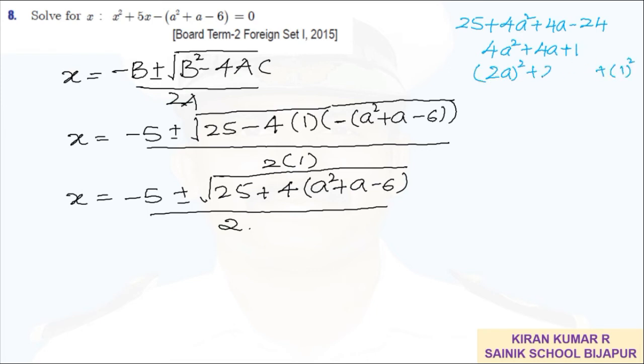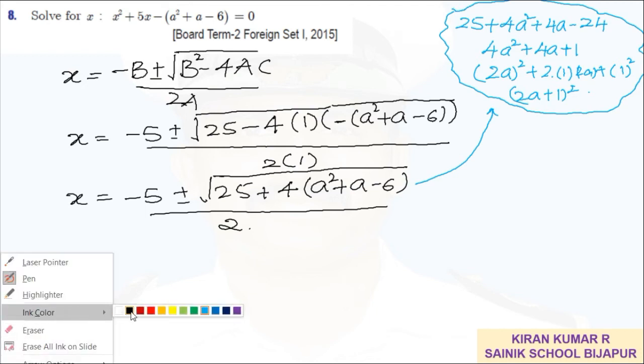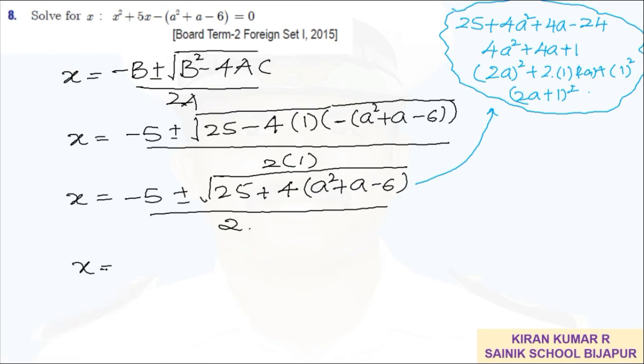The middle term is 2 times 1 into 2a. So it is like a plus b whole square, 2a plus 1 whole square. So this complete thing in the bracket is nothing but 2a plus 1 whole square. So let me write inside the bracket as negative 5 plus or minus root of 2a plus 1 whole square, divided by 2.